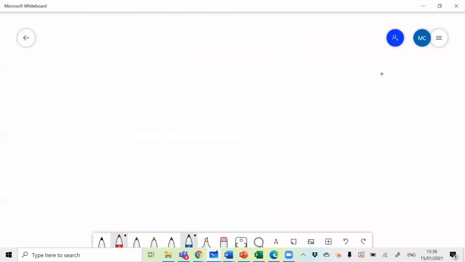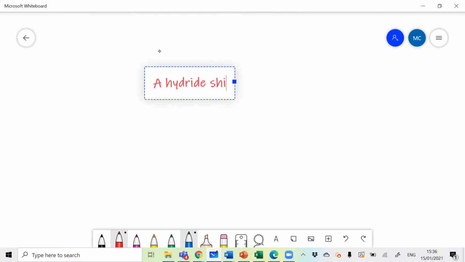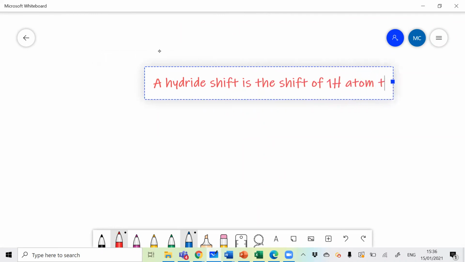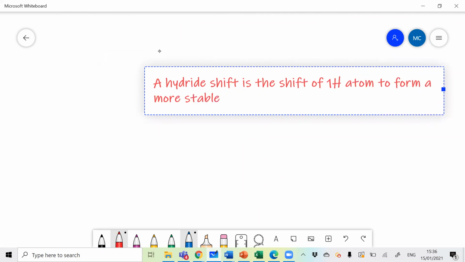So let's speak. A hydride shift is the shift of one hydrogen atom to form a more stable carbocation.